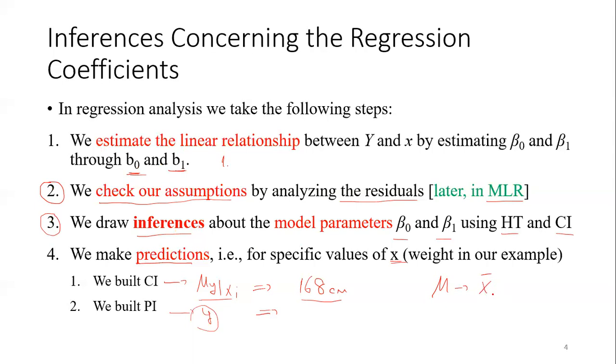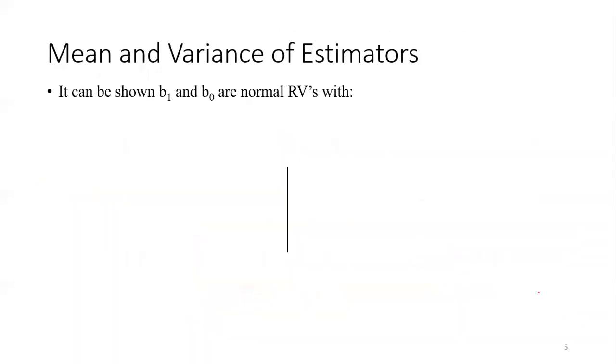Remember how we did this. We use the distribution of x bar. By the central limit theorem, x bar minus mu divided by sigma over root n, or then x bar minus mu divided by s over root n. We say that this is normally distributed and this is t distributed, and we make our inferences about the parameter. Okay? So we will do the same thing here.